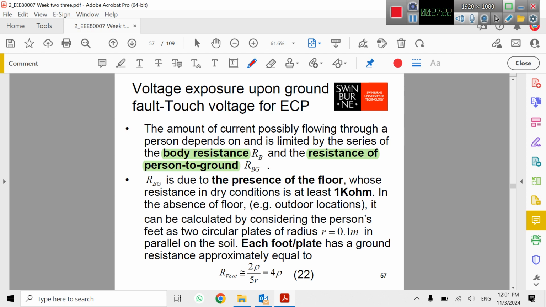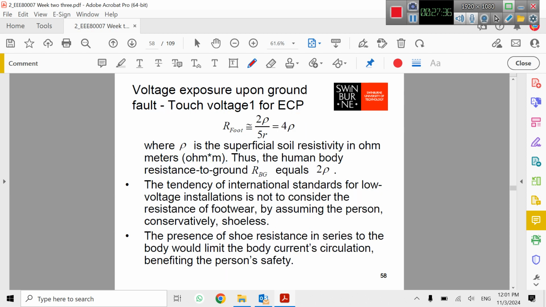The r is considered for your foot, or my foot, meaning the foot is 0.1 meter, so this times this one becomes 4 rho. So our foot is here considered as 4 rho, where rho is the superficial soil resistivity in ohm meter. Then the human body resistance to ground, RBG, is equal to 2 rho.